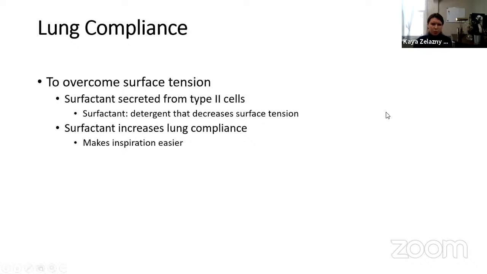Those were our type 1 alveolar cells, forming that epithelial layer. Our type 2 cells are not a discrete layer, they're interspersed throughout. Their job is to secrete surfactant. Surfactant is basically a detergent and it decreases the surface tension.